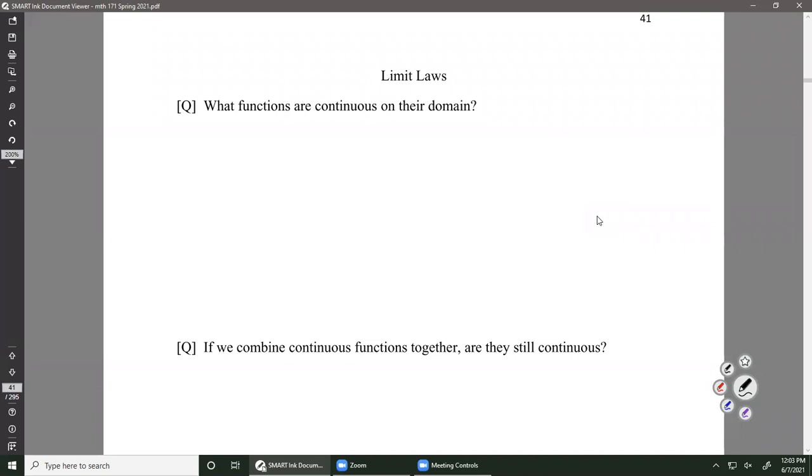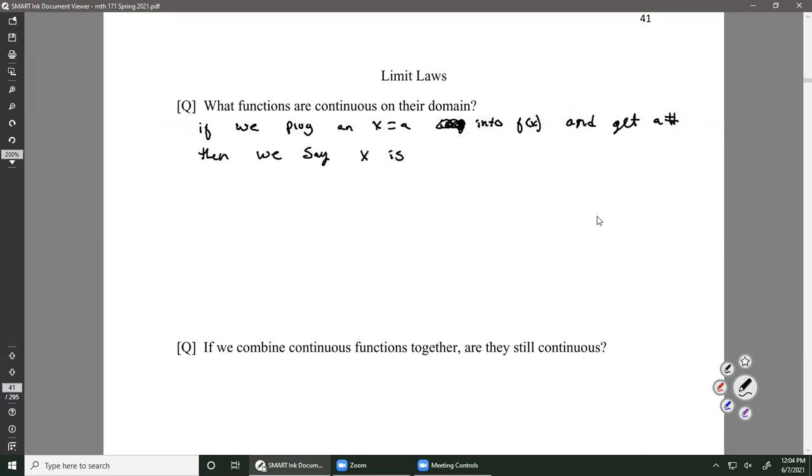So, question: what functions are continuous on their domain? What we're thinking of when we say continuous on their domain is if we plug x equals some number into f of x and get a number, then we say f of x is continuous at x equals a.